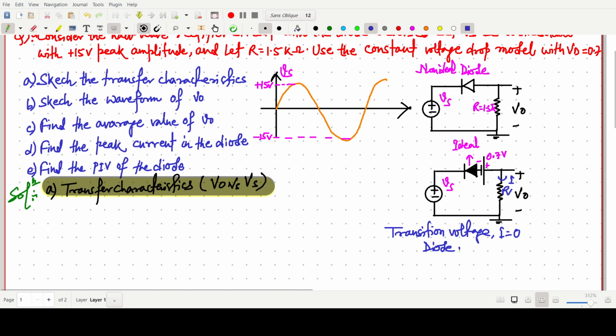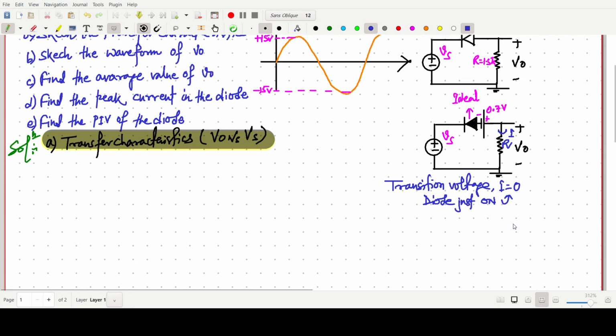So I am drawing the same diagram here for the transition voltage calculation.